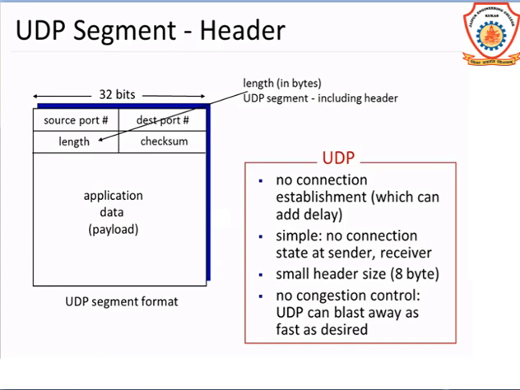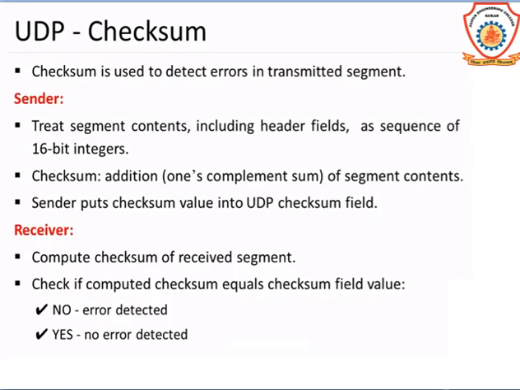Now let's discuss what the checksum method is. The checksum method is used to check whether there is an error in a segment or not. It is used to detect errors in a transmitted segment.